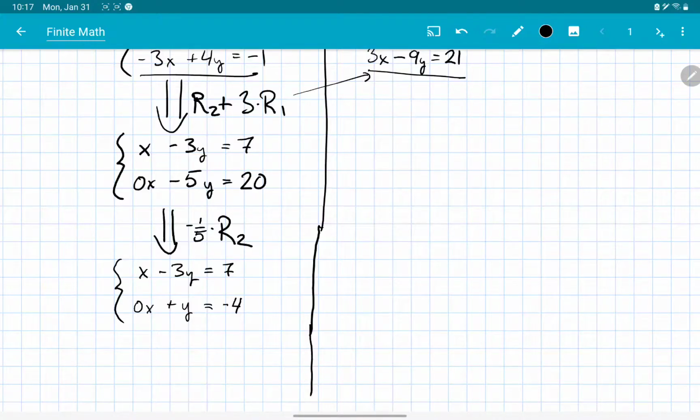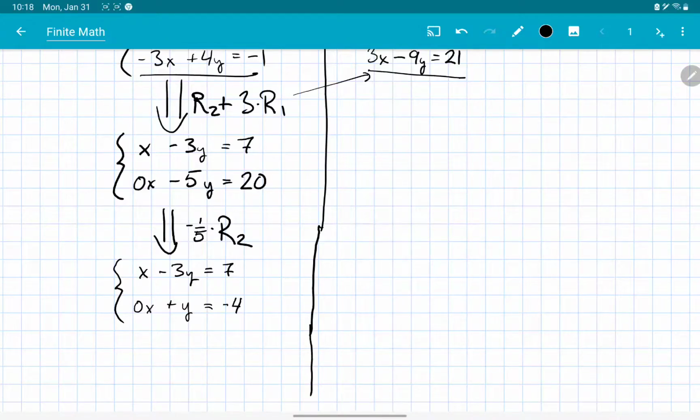Okay. Yeah, Peter. Are you able to just divide by 5? Yeah, multiplying by negative 1/5 and dividing by negative 5 are the same thing. We just stated the rule is you can multiply a row by any number. But multiplication and division are in fact the same operation. They work identically. So you can think about this as dividing by negative 5 if you want.